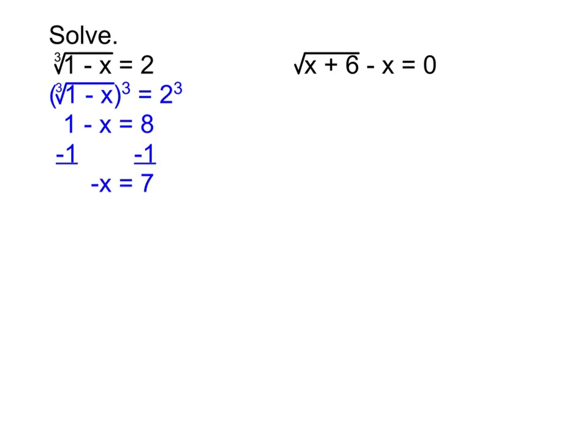The reason why I pause a little bit on that step, though, is I know that there are some people who will look at this and they'll say, well, it's subtracting. And so I'm going to undo that by adding. But the reason why that doesn't work is because we would have to undo the subtraction if we were moving the x. But we aren't moving the x, we're moving the 1. And the 1 is positive.